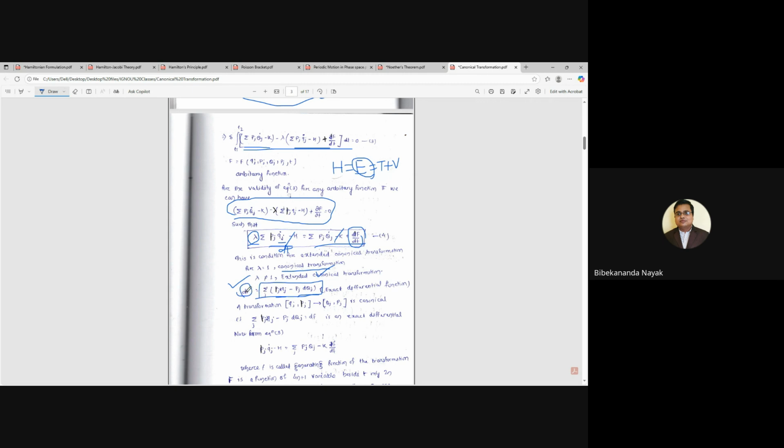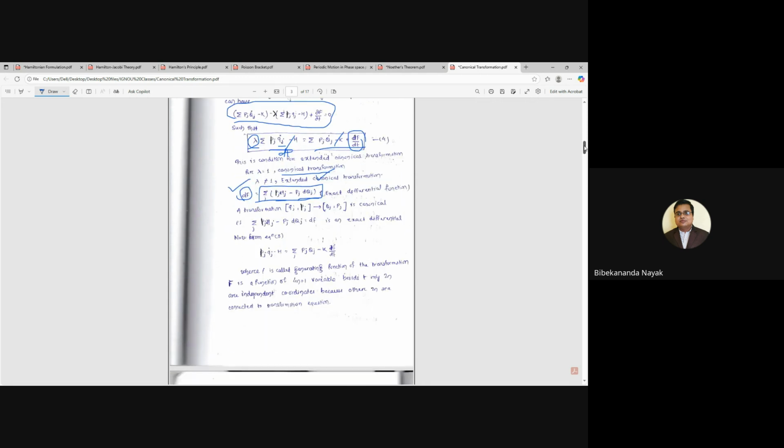Exact differential means we can take it as the derivative d of something. Okay, this is one condition to check canonical transformation. But the easiest way is to check that the Poisson bracket of capital Q, capital P is 1. Another way is to check that this difference is an exact differential.